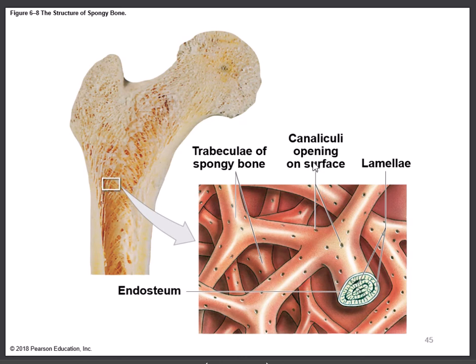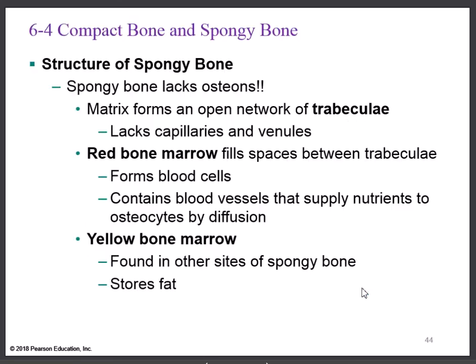Right? These are actually the openings of the canaliculi. So all of the space around the trabeculae is actually where the bone marrow is. Right? So all of this here, the bone around it would be filled with blood, right? So it's a very bloody type of tissue. So we don't need to have any blood vessels in the middle over here. And that's why it's not an osteon.